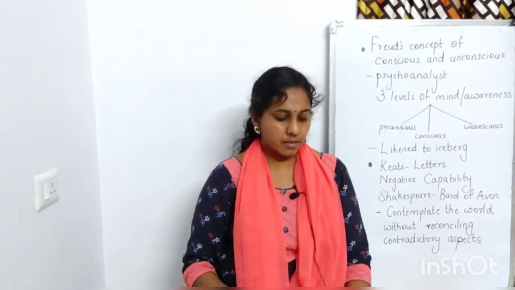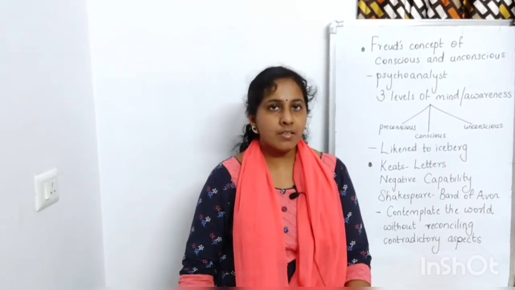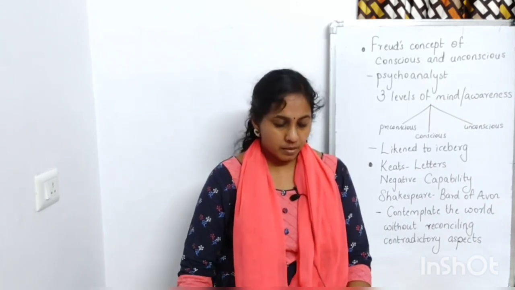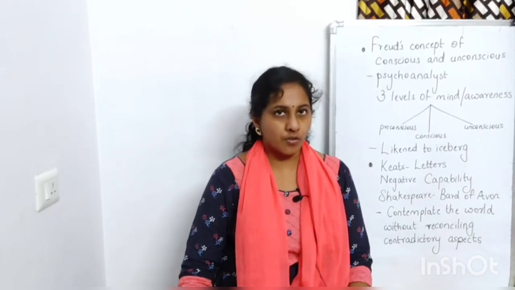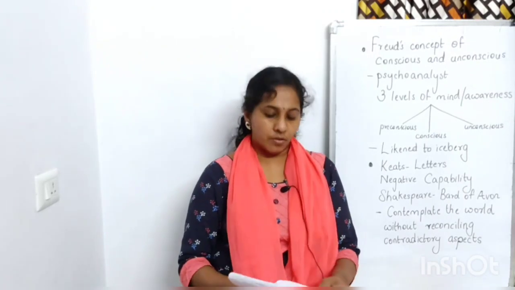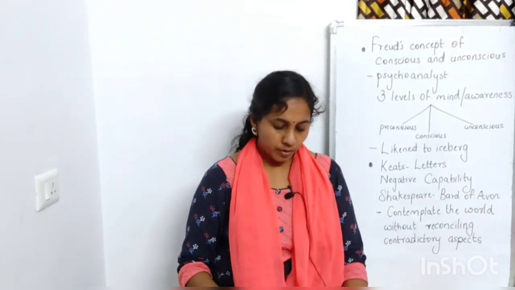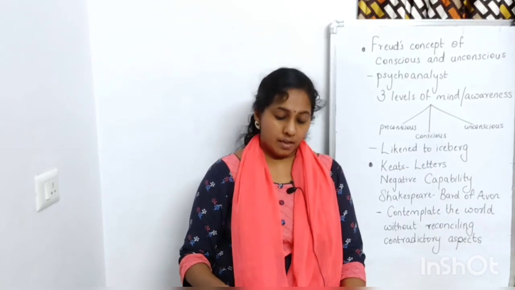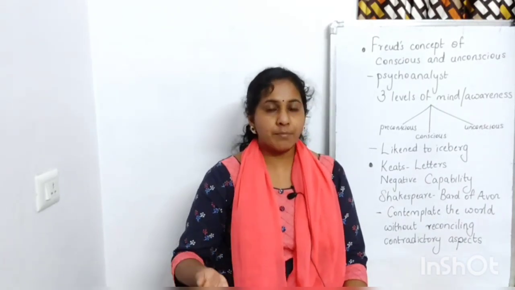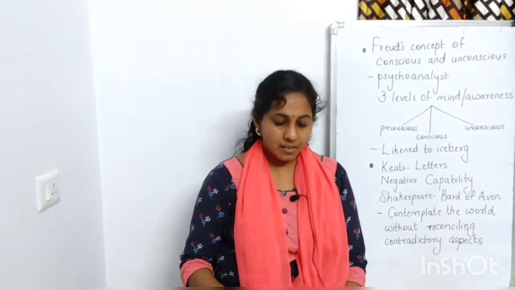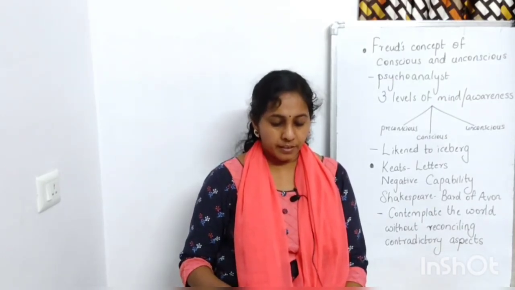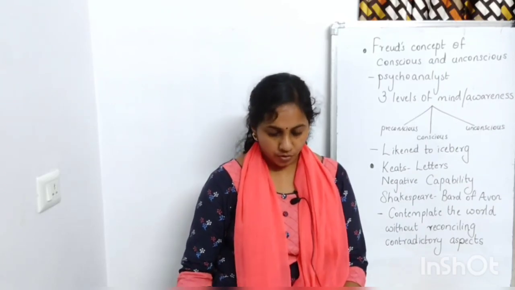In his letters there is Keats' concept of negative capability, and this negative capability also privileges the idea of the unconscious. Freud's concept of the unconscious is found not only in the writings of the romantic poets we mentioned before, but also in Keats' works, where there is the privileging of the idea of the unconscious. Let's see how it is.